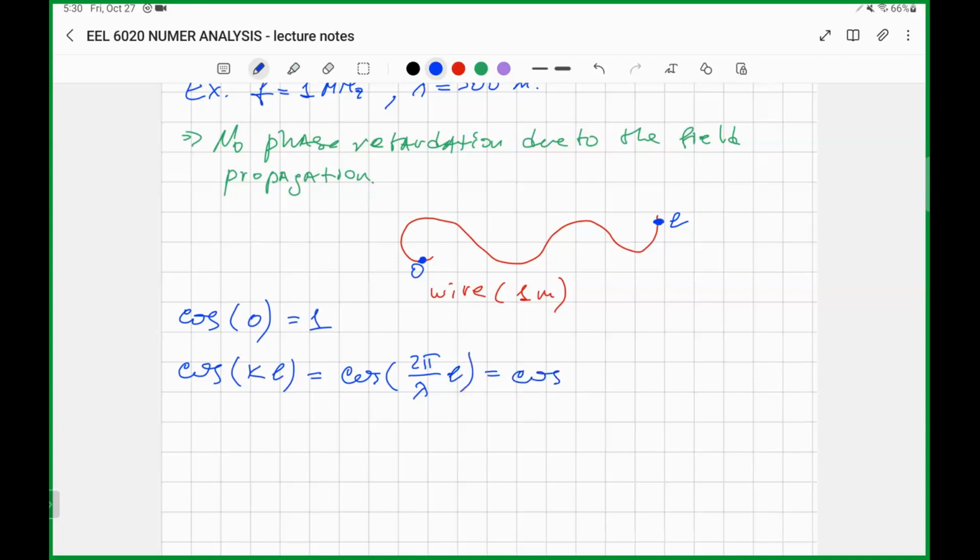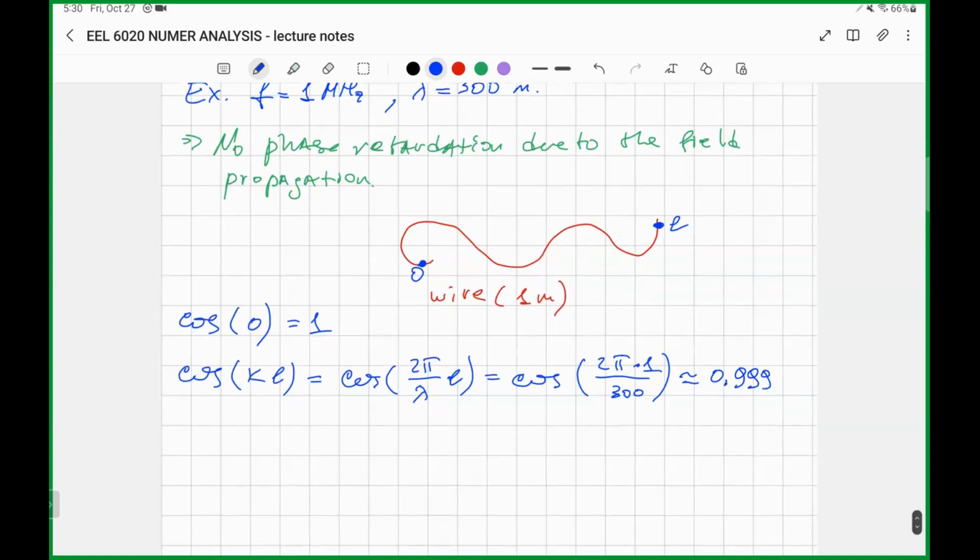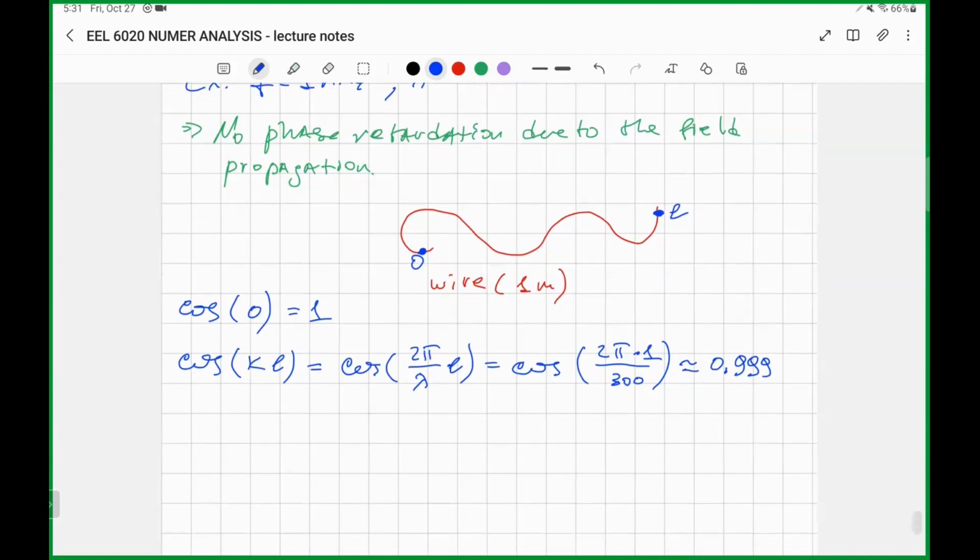Let me substitute the 300 meters for 1 megahertz. It's going to be 2 pi times 1 meter over 300 meters, so something like 0.999. Even over 1 meter in the same circuit, the difference between these two is negligibly small, vanishing.